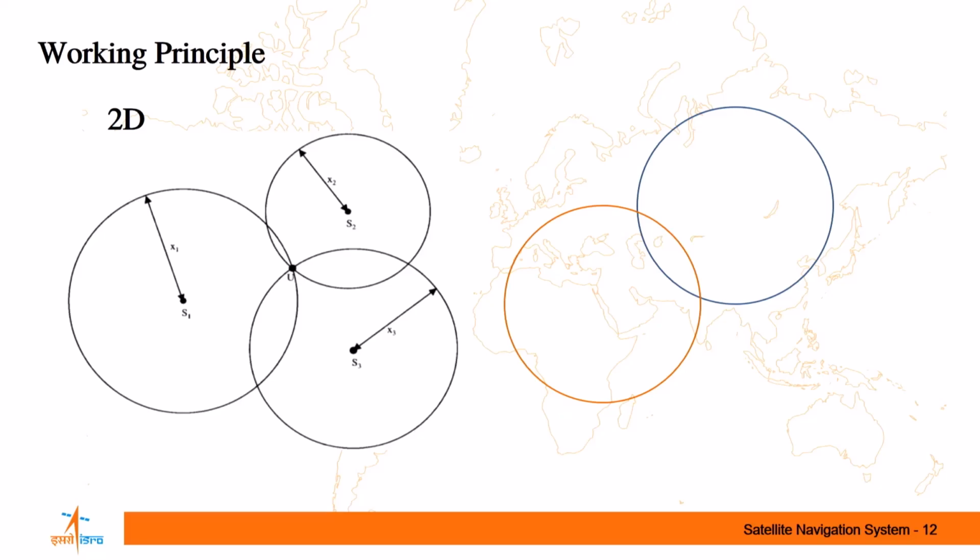So 2D solutions are also sufficient for certain applications. However, we need the 3D solutions, and for which we need to utilize 4 signals and get the position of the receiver.